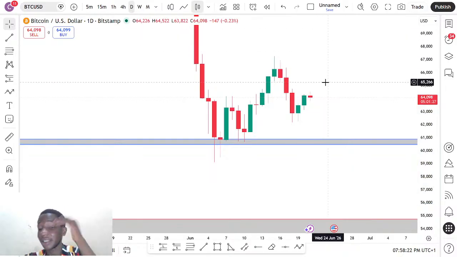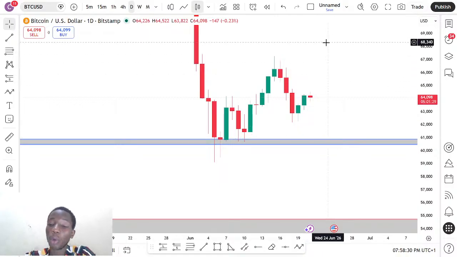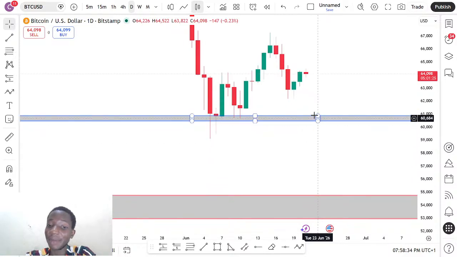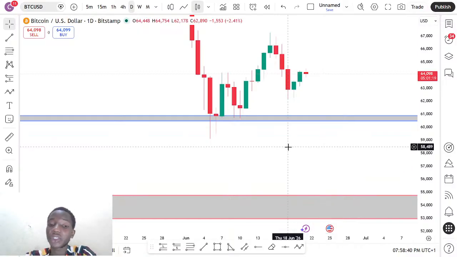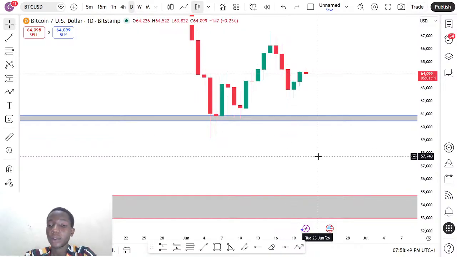This is what I'm expecting from the market. If the market comes down to this place, it comes back here, then either it reverses back up, or it comes back to this place, and once it breaks this place, that means I'm taking it to this place here. Nothing can stop me from doing that, and this is going to be a strong trade, but it won't play out in a day. It will play out within some days. So I will leave the market like that.